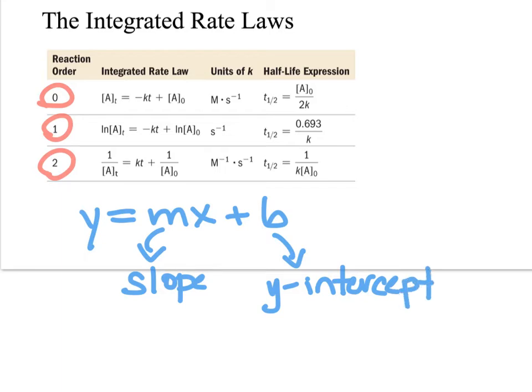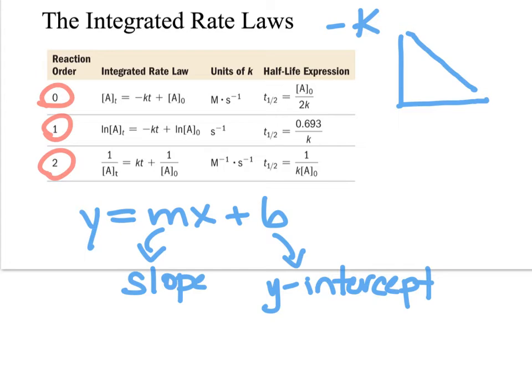A couple of things to note here, if we look at just a sketch of a graph. In the case of zero and first order, you have a negative k, which means the slope is going in this direction.